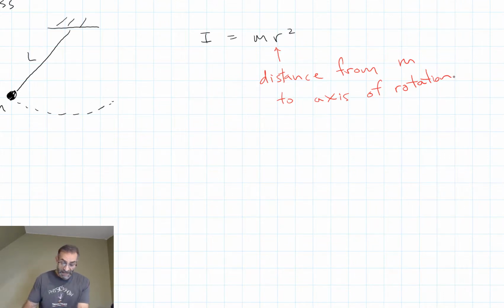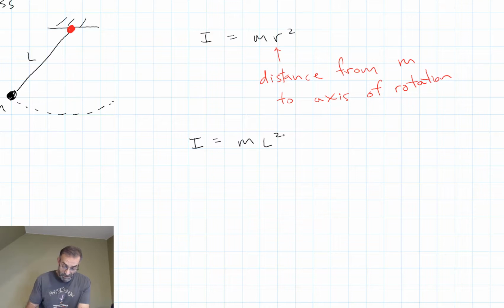In this case, the axis of rotation is where it's attached to the ceiling. And the axis of rotation is perpendicular to the page. And our mass is swinging in the plane of the page. So the distance from our mass to the axis of rotation, in this case, is the length of the string.